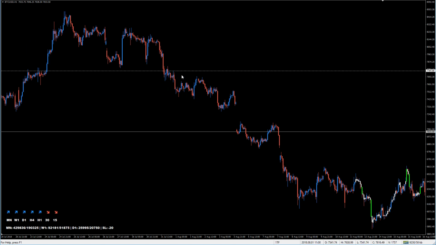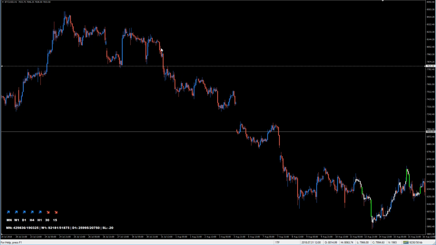We didn't depart from the area as quickly as I like, so this is not one of the better areas that I think makes for a very good entry. But what I do like is this area above, so I'm going to move this higher like so. Price came down, we moved sideways for a little bit, we were accumulating orders to move lower.